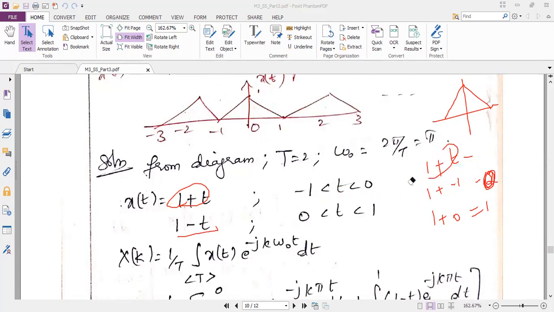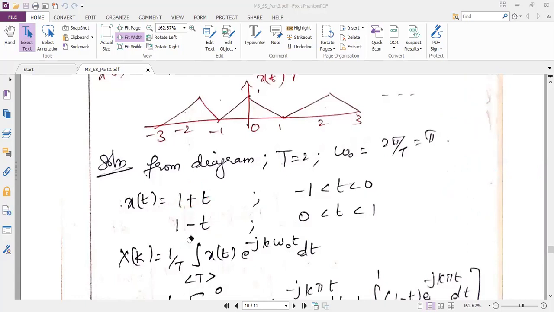I think here you don't have any doubts. When I use the formula for finding the Fourier series coefficients, I will come across omega naught, which is the angular frequency. To calculate omega naught, I should know the time period. Since this is one complete signal, minus 1 to 0 is one part and 0 to 1 is another, so 1 plus 1 is equal to 2.